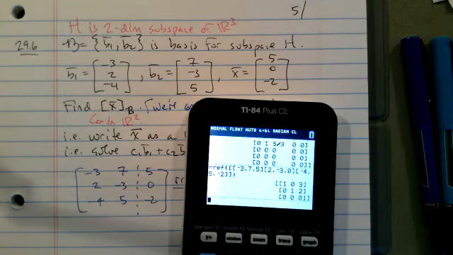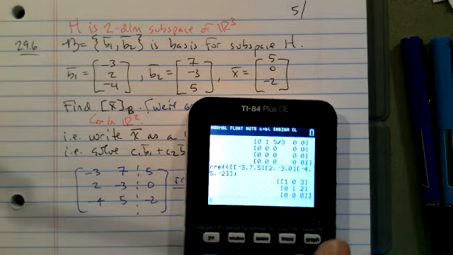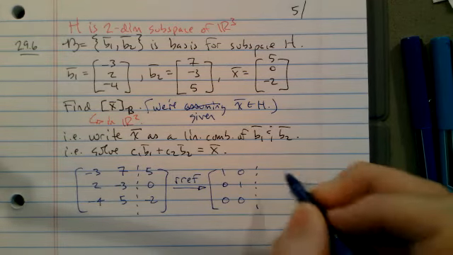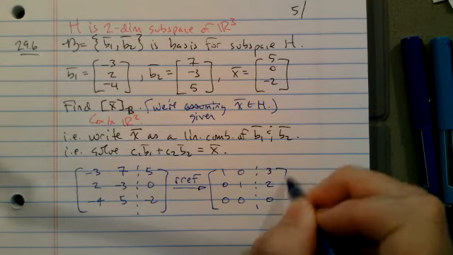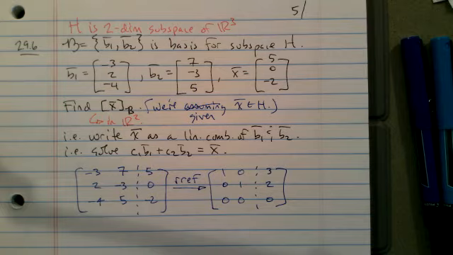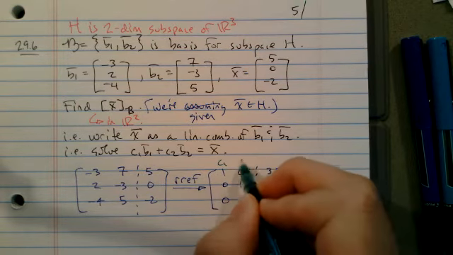Double check that I copied everything, and the reduced form is 1, 0, 0, 0, 1, 0, 3, 2, 0. So we're solving, here's C1 and C2.